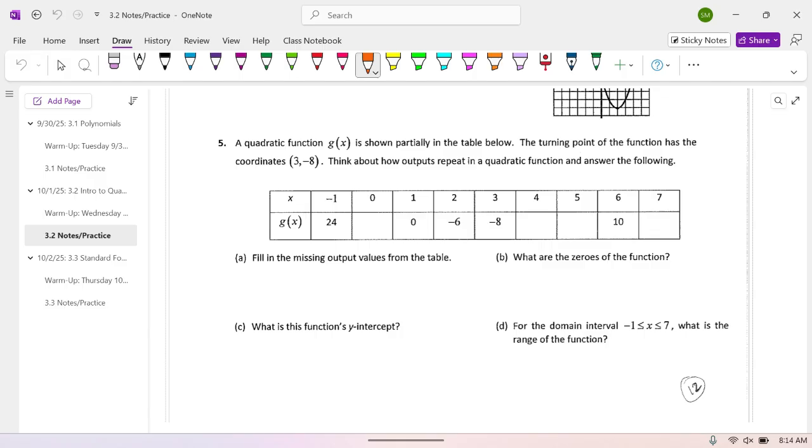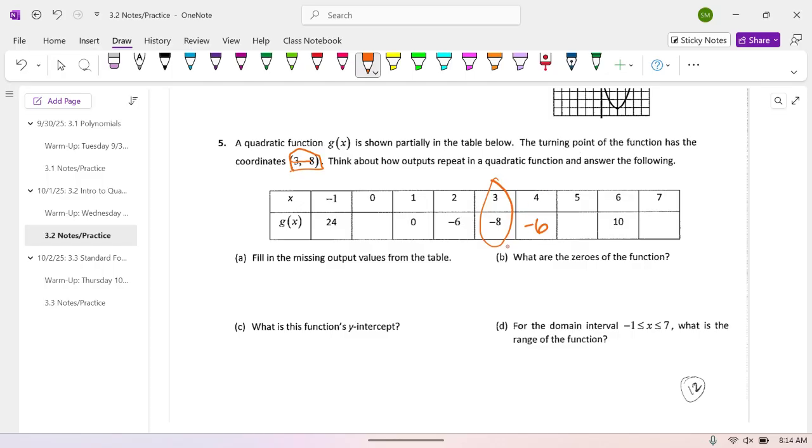And all it was saying is that they told you what the vertex was, which was 3, -8. So that's where it changes. And remember, what's special about quadratics? They're symmetrical. So if this is the turning point, what does x equals 4 have to be equal to? What's the output? If it's symmetrical?